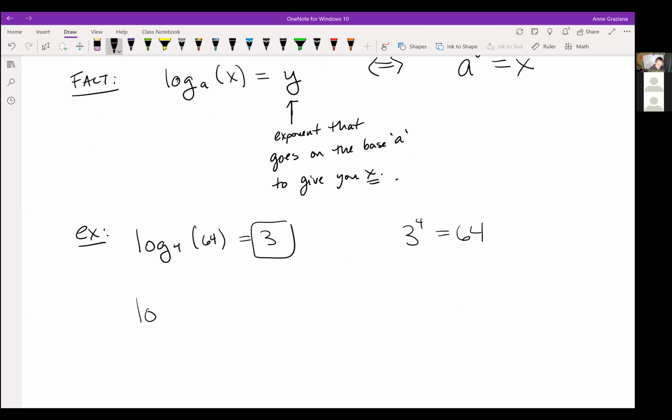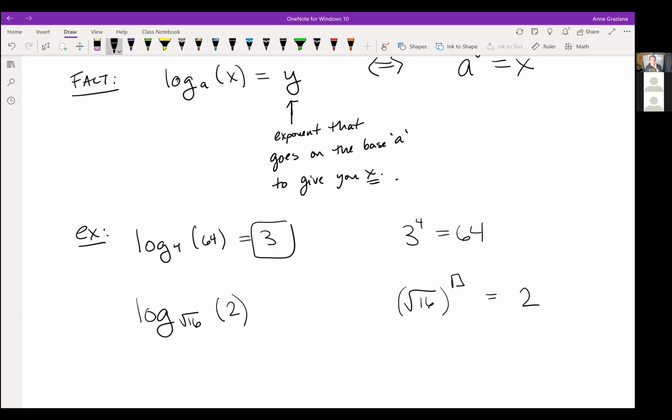Now we also did some weird ones, like log base square root of 16 is 2. Square root of 16 to what power is going to give me 2?